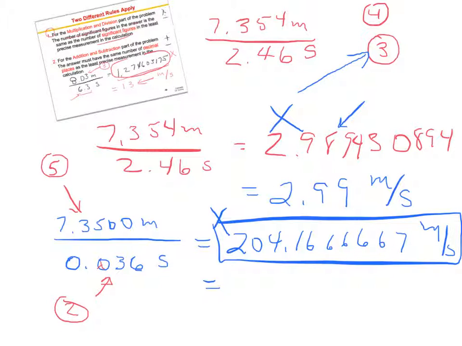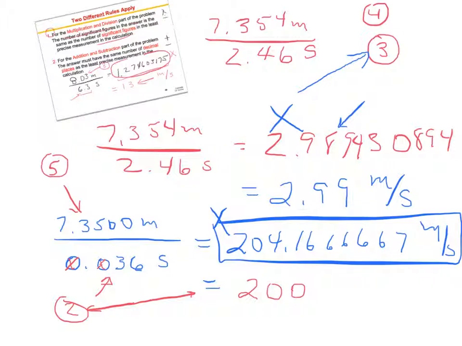Because these leading zeros do not count. So how many significant figures do we have in our answer? 2. So our answer is going to be 20, and we can't count the 4, so it has to be 200.